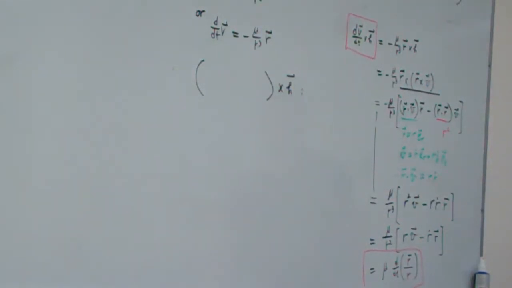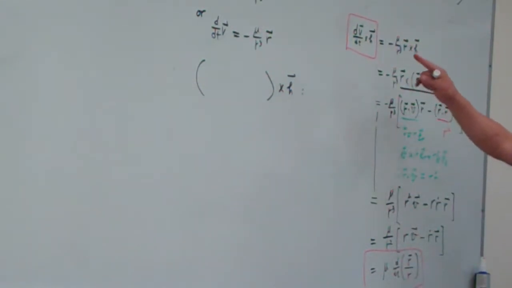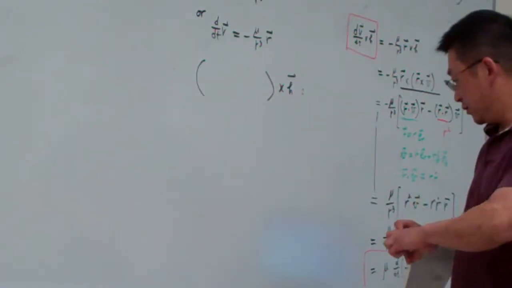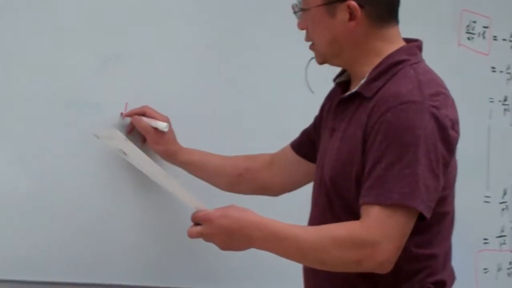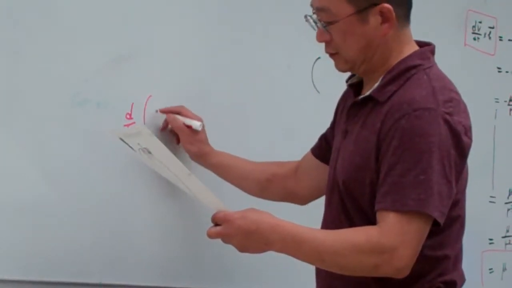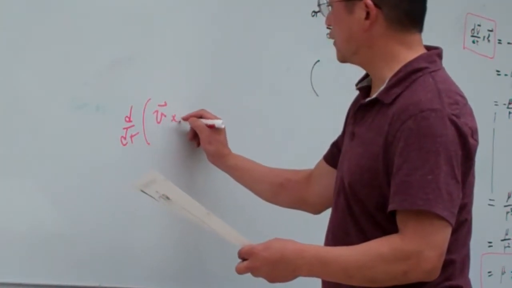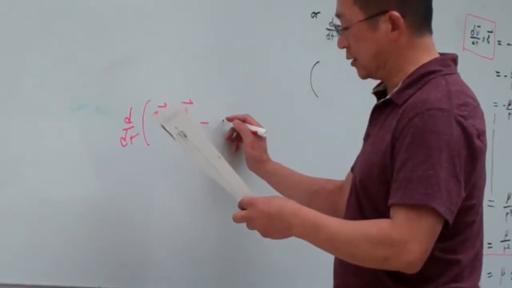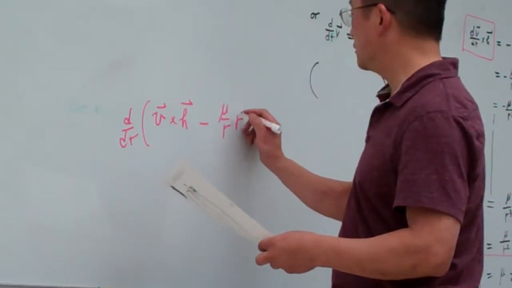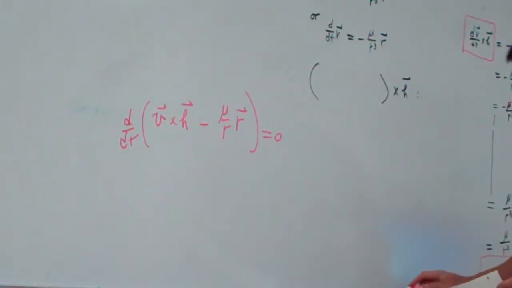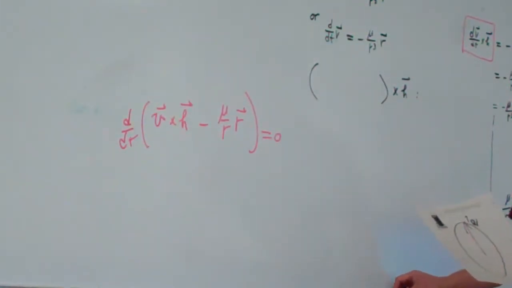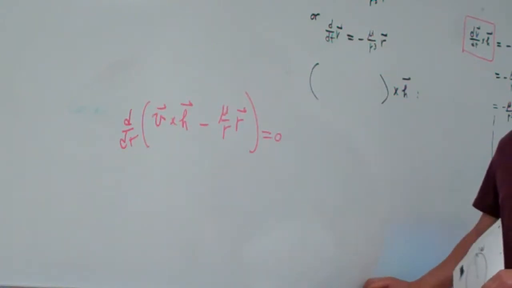Okay, so we combine the two terms together, and that becomes d/dt of (V cross H minus mu R over r) equals 0.